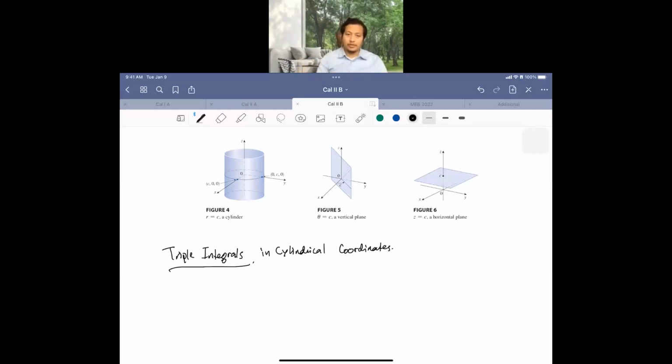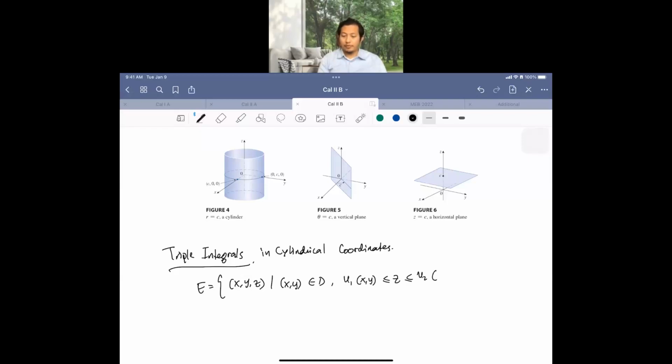If we imagine a cylinder, and z is a function of two variables, let's say D is in the xy-plane, then the functions of two variables are our lower and upper surfaces, right?